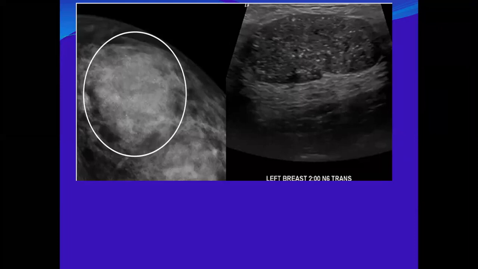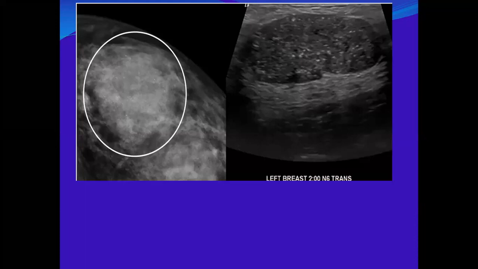If you could not appreciate it at all in the MLO, if I did not say it is seen in the MLO, what would be the next step? The next step will be an ultrasound. Why not spot magnification? It is very clear there.